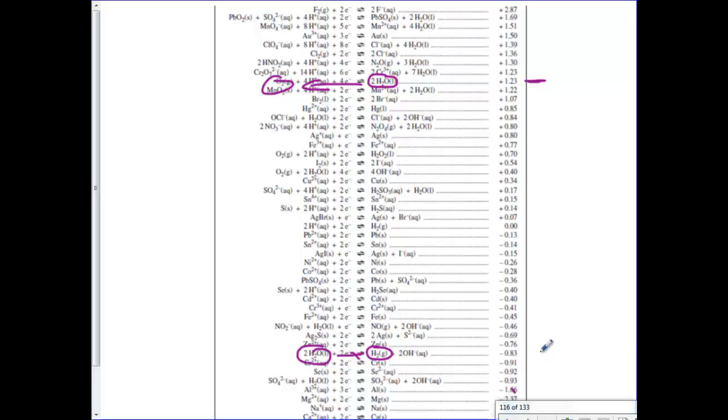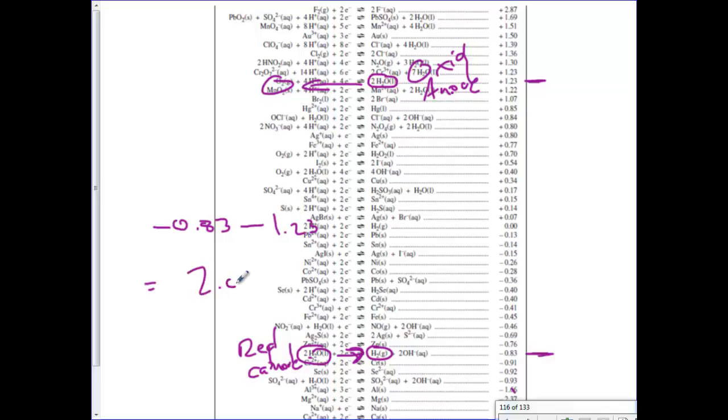Well, from here to here is how much voltage it would require. Since we're trying to make this one go that way, this would be the reduction, which would be the cathode. And since this one is trying to go this way, this would be your oxidation at the anode. So you'd take your cathode, negative 0.83, minus your anode, which would be 1.23. So 2.06, but negative volts.